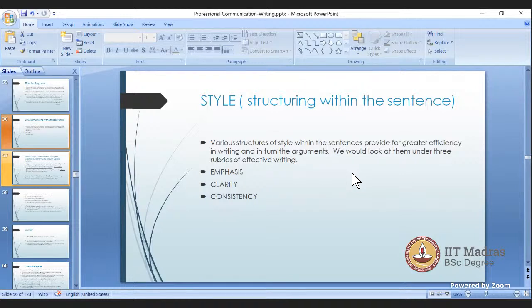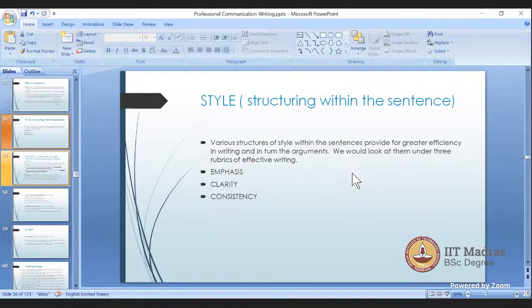There are constructions and structures that we can take up which happen within the sentence, right? So this arrangement can be done both within the sentence and between the sentences. We've already had a look at how that can be done between the sentences. In today's class, we'll look at a couple of things which would help us achieve the same purpose within the sentence.